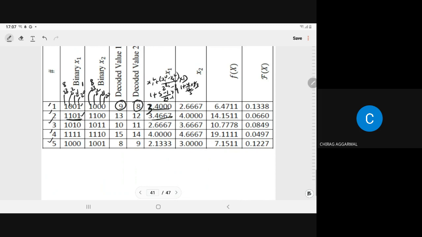You check for the next one. Decoded value for this is 13, so 1 plus (5 minus 1) upon 15 into 13. It should be 4.467. So I think plus 1 is missing everywhere.